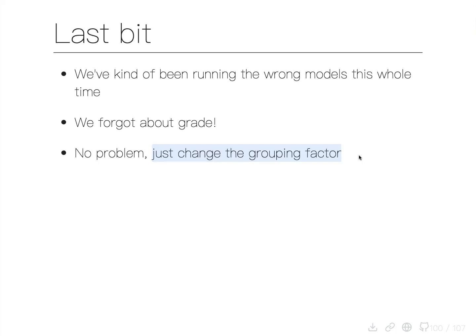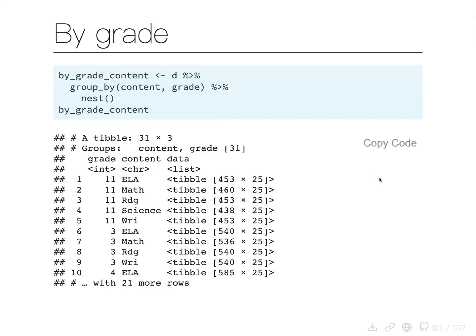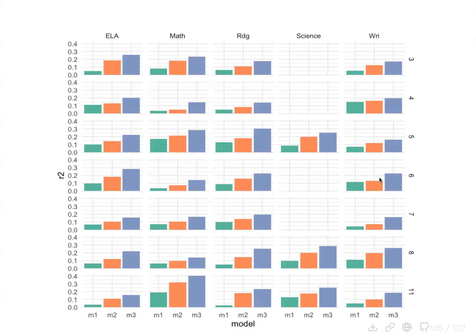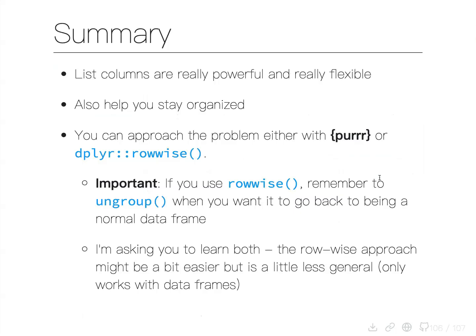And they'll probably be like super apologetic, like, I'm sorry you had to do all that work and now it's like the wrong model, you got to go redo all this stuff. And it's like, no, I just need to add grade into my grouping factor and rerun stuff. Group by content and grade, and then rerun it all, and there you go. Okay, the rest of the code is the same.